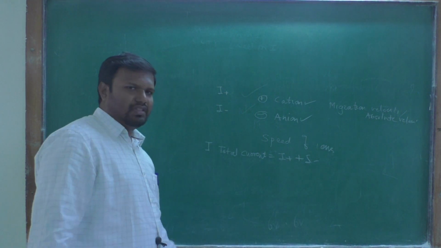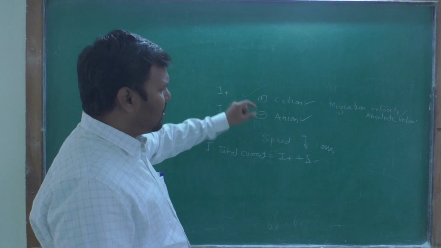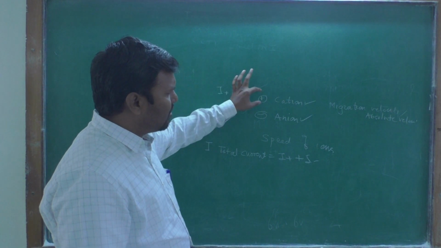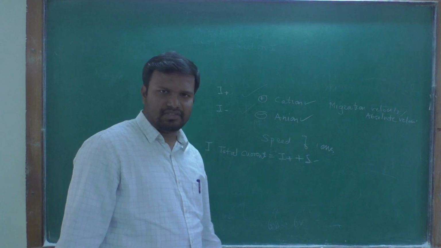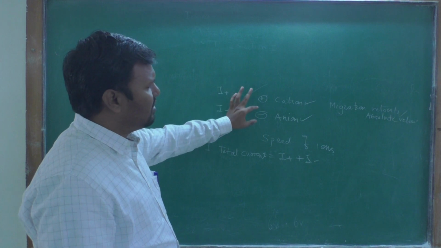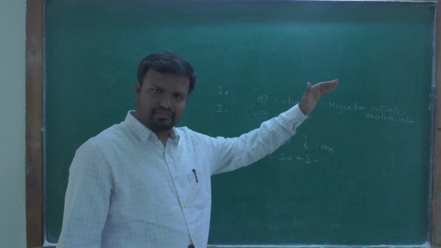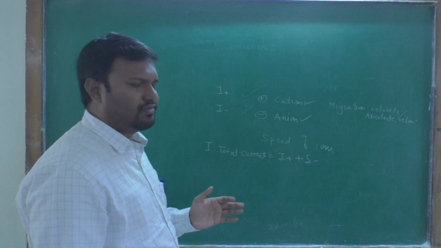One thing is clear: as in Kohlrausch's law, the total current is given by the total current carried by the cations plus the total current carried by the anions. The current carried by the cations and by the anions depends upon their speed or velocities.